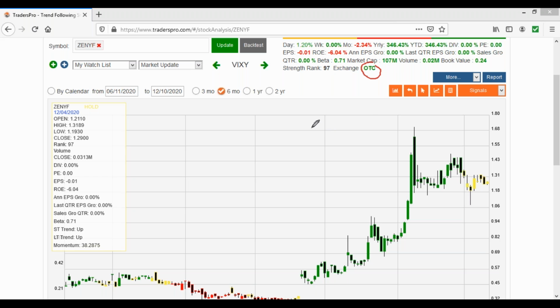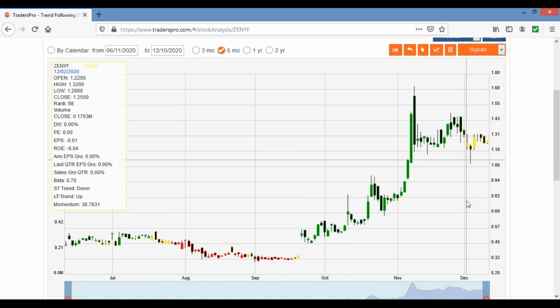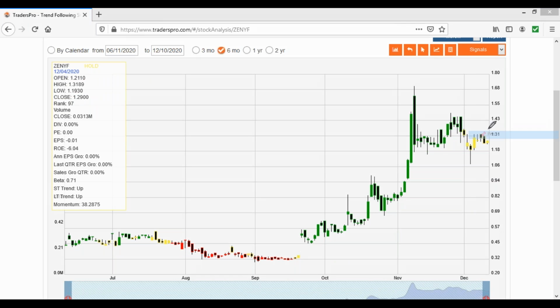It's on the OTC, so it might be one of those pink sheet stocks that you may not even be listed with your broker you're trading with. But if it is, I like the pattern here where you've got a nice little sideways move right through here, nice little breakout move over here, and waiting for this thing to go back to buy and see if it starts to take off again.